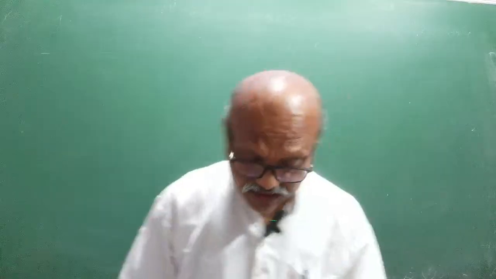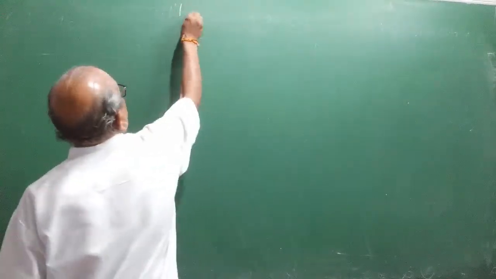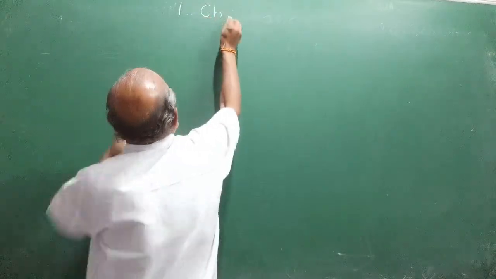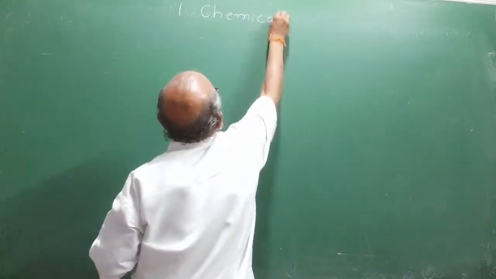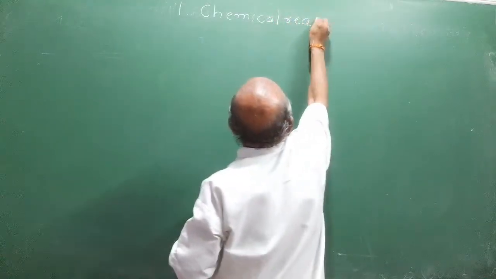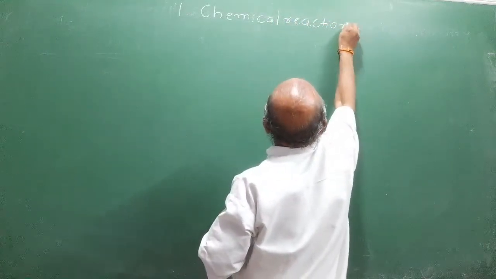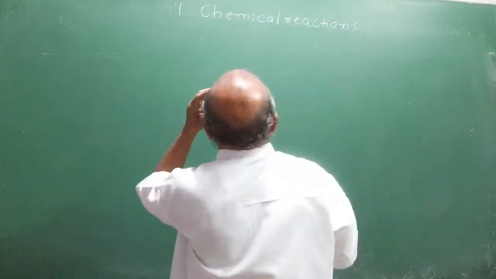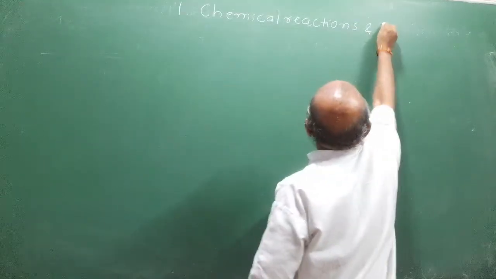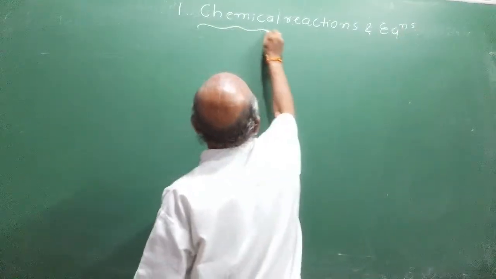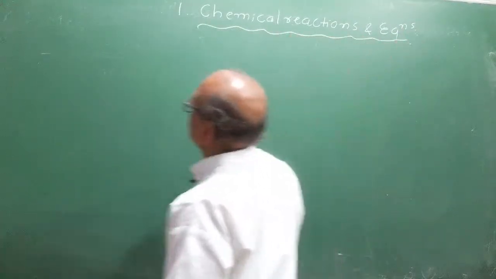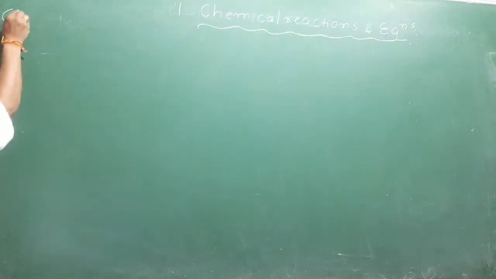So in the previous class, in the chapter Chemical Reactions and Equations, we are almost coming to the last part of the chapter. Time is changed. Instead of 8:30, we'll meet daily at 8 p.m. We are learning the second part of the chapter.